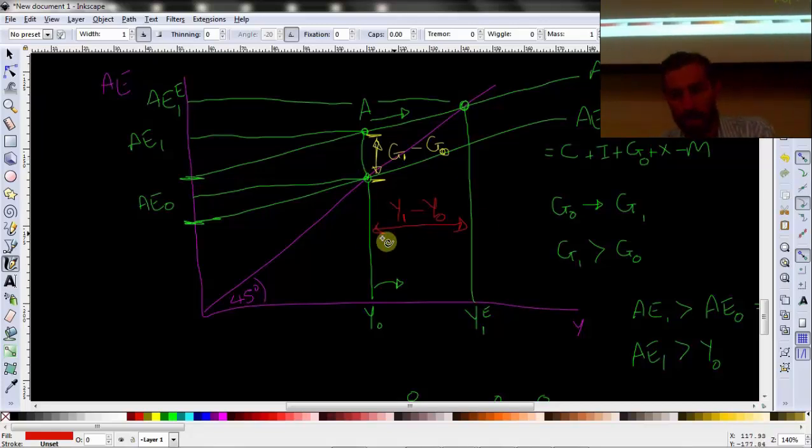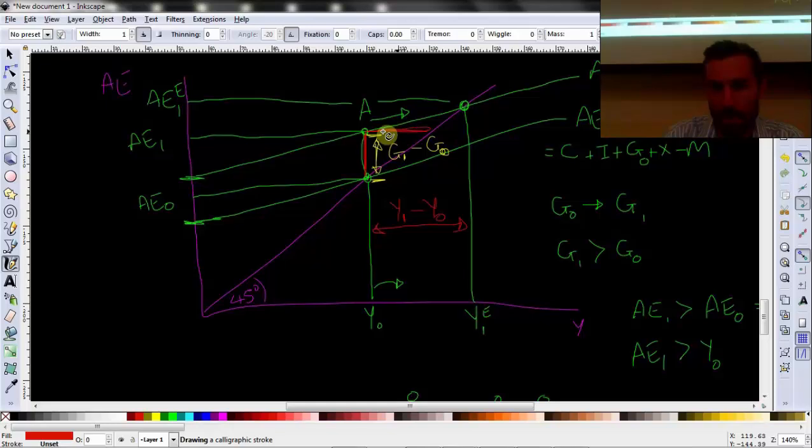Why is this distance longer than this distance here? Because of the multiplier effect. Remember, if this is a 45-degree line, this increase in G, this distance here, is equal to this distance here. This is a triangle, an isosceles triangle.